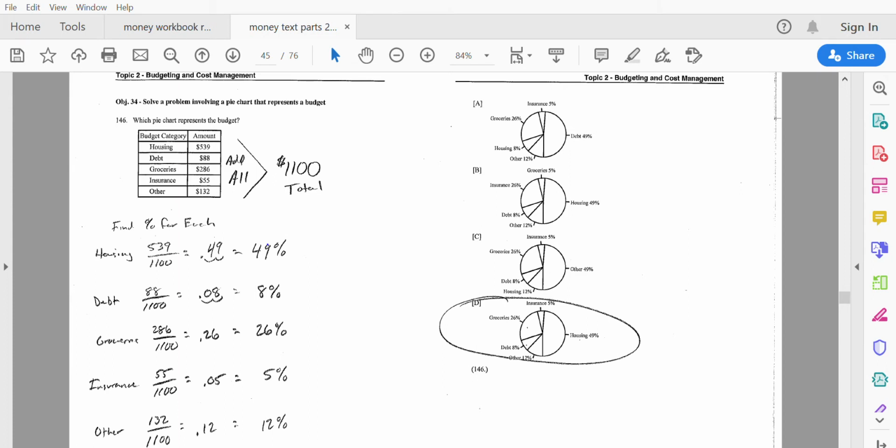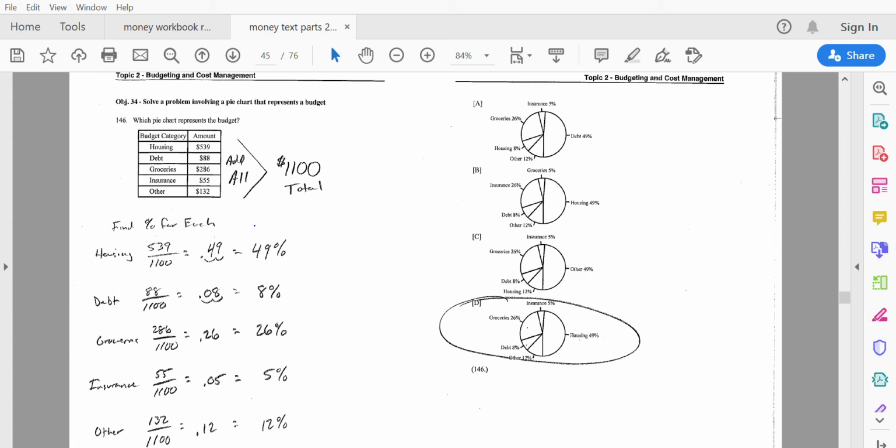Then we're going to take each category and find what percent of the total it represents. All you do for that is take how much money is in the category and put it over that total. So for housing, I get the number from up here, housing's 539, put that over the 1,100, divide, you get 0.49, move it over twice, and you get 49%.